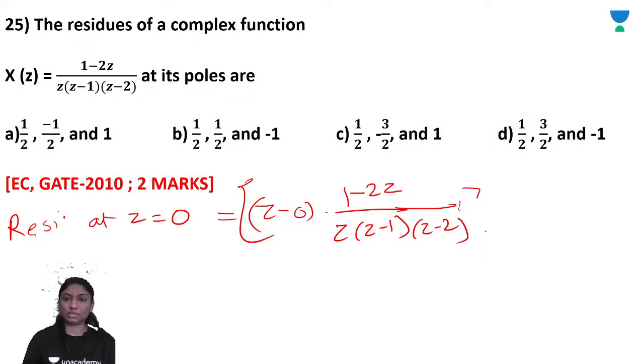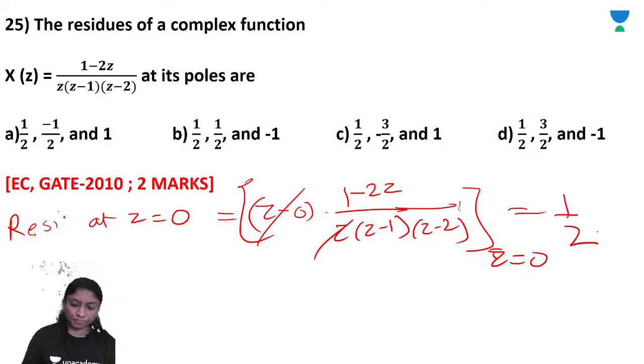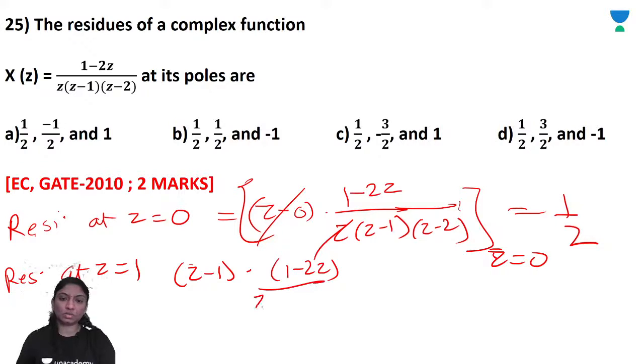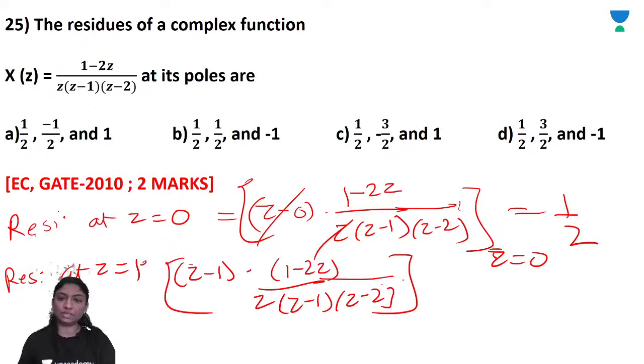This z cancels out. At z equal to 0: 1 by minus 1 into minus 2, so 1 by 2. The residue at z is equal to 1: z minus 1 into 1 minus 2z upon z into z minus 1 into z minus 2, at z equal to 1.